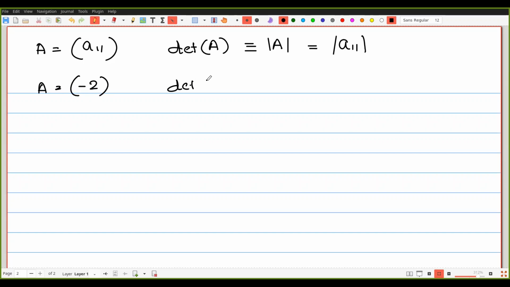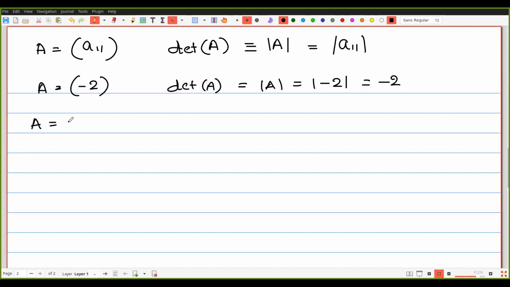Suppose A is equal to minus 2. So the determinant of A is equal to the determinant of minus 2, which is minus 2. That is not the modulus value. That is a determinant sign, two bars, but not the modulus or the absolute value.